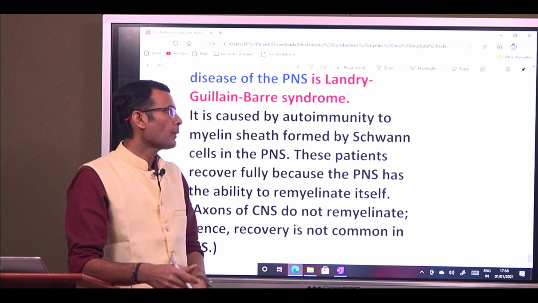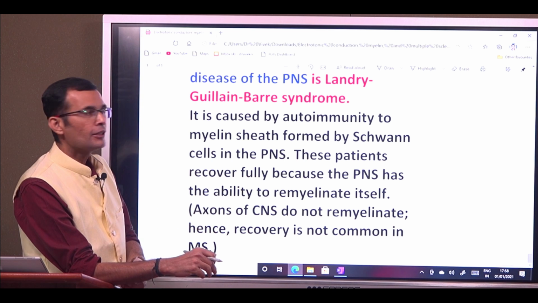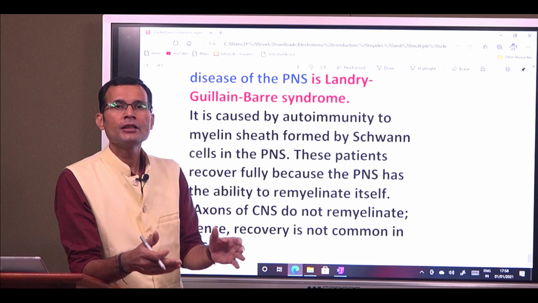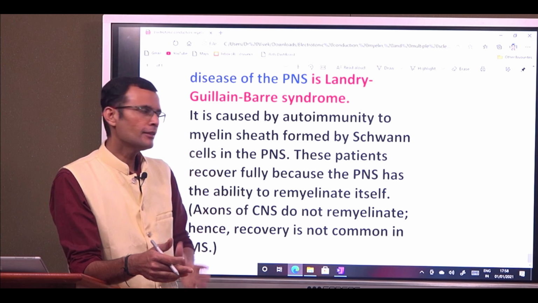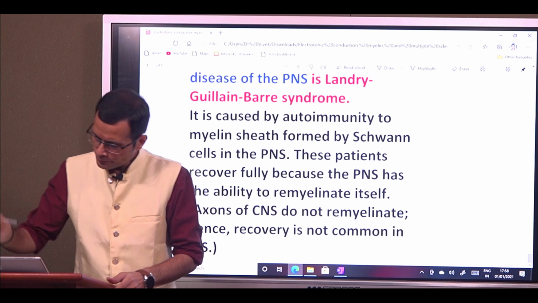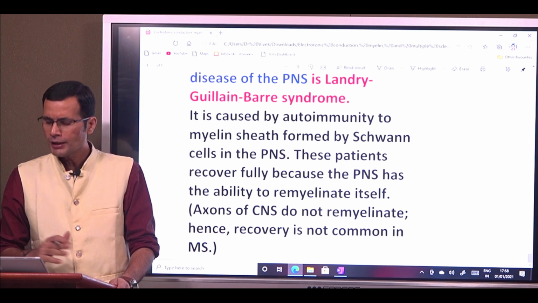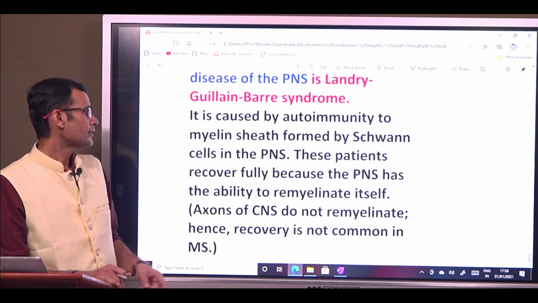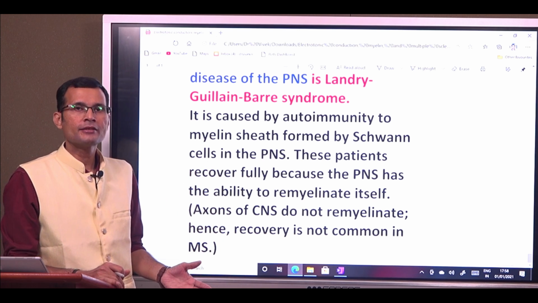That too is caused by autoimmunity to the myelin sheath formed by the Schwann cell. The peripheral nerves are myelinated by Schwann cells. So, that's in the peripheral nervous system. These patients recover fully because the peripheral nervous system has the ability to remyelinate itself.